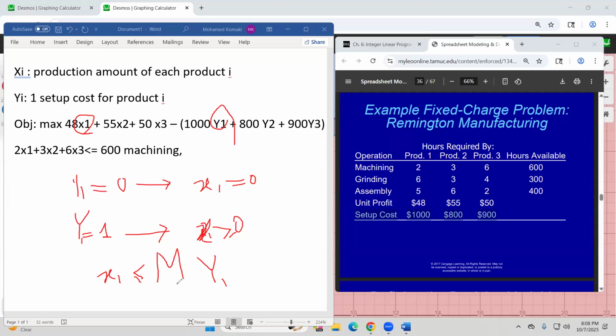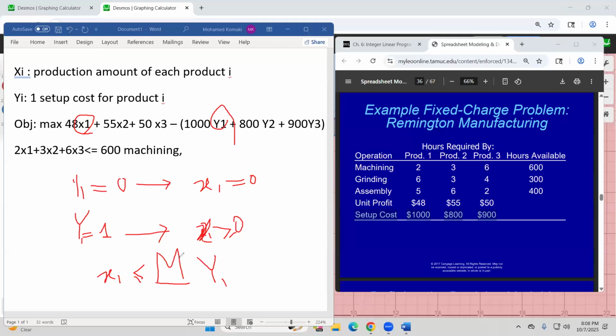So I put a number called big M. This M is like 10,000, 20,000, whatever you want to put here. So you are saying that x1 should be less than this one, so you're putting some constraint on that, right? Otherwise, if y1 is 0, then x1 is forced to be 0. Makes sense?